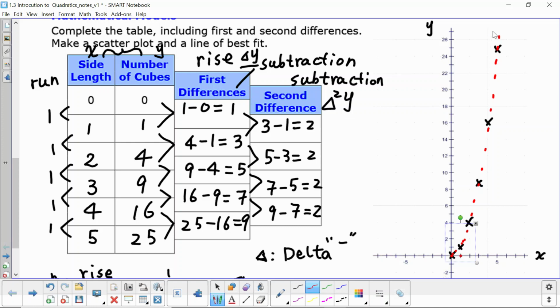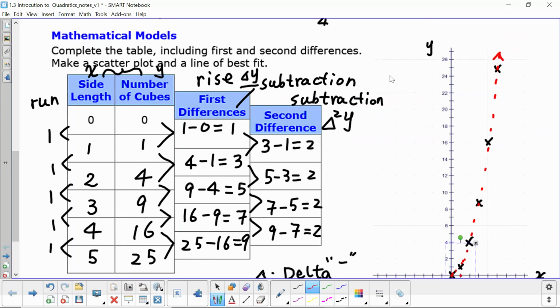So this actually keeps going, so we put arrows on this side. This one side only, because you are not going to have less than 0 side lines. For real world measurement, all the measurements need to be positive. So the dotted line, we call it line of best fit.